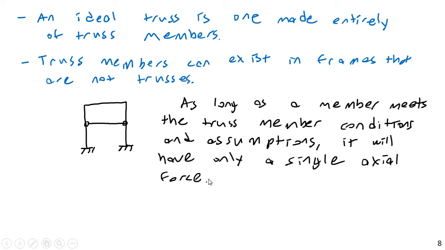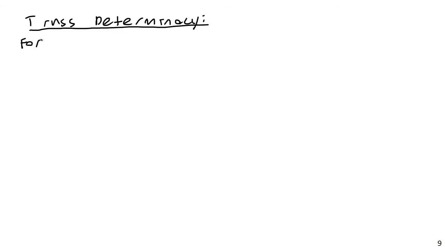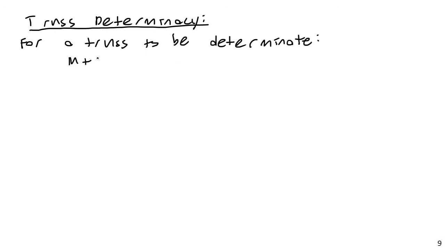Okay. And finally, I might want to look at truss determinacy. For a truss to be determinate, very similar, you may remember the equation m plus r must be equal to 2j.